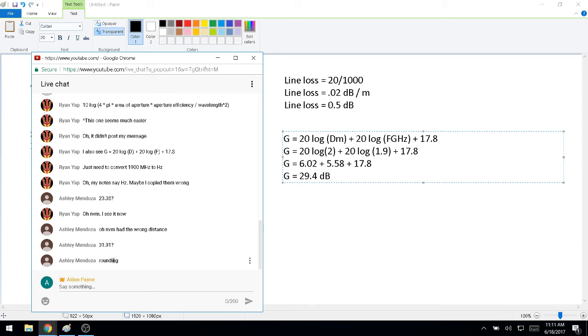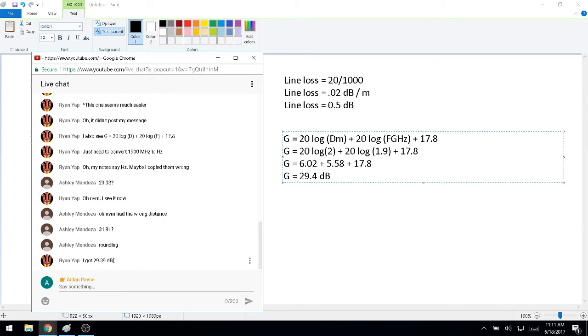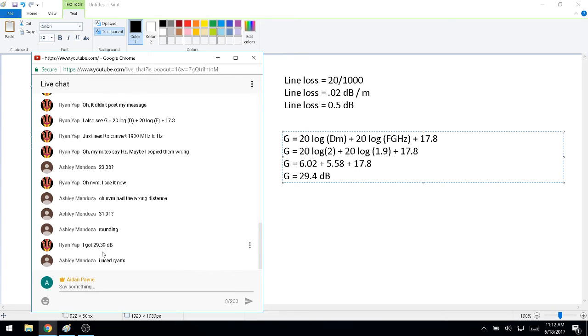Yeah, as long as you can show your work and that you use the generally correct formula, rounding problems should be okay. Yeah, Ryan got 29.39. And that's using Ryan's. Okay, so yeah, everybody used Ryan's shortcut formula, which I think is the best one to use there.